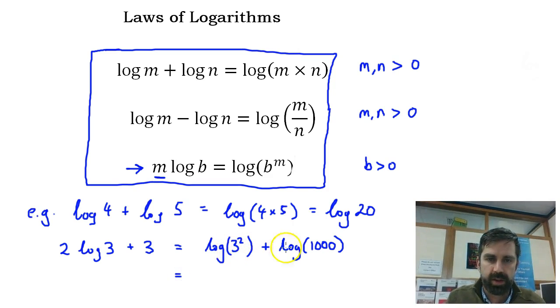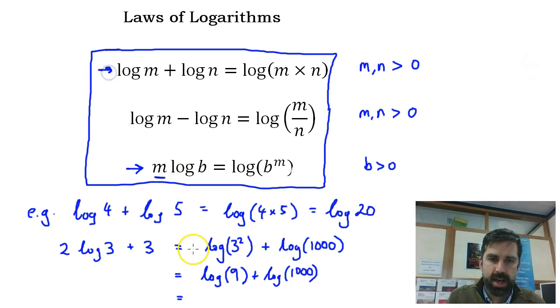Now that we've got that in two different logs, let's just simplify that 3 squared to log of 9 plus log of 1000. That's the same, according to the first log law, as the log of 9 times 1000, which is 9000. So that's one way that we can simplify them.